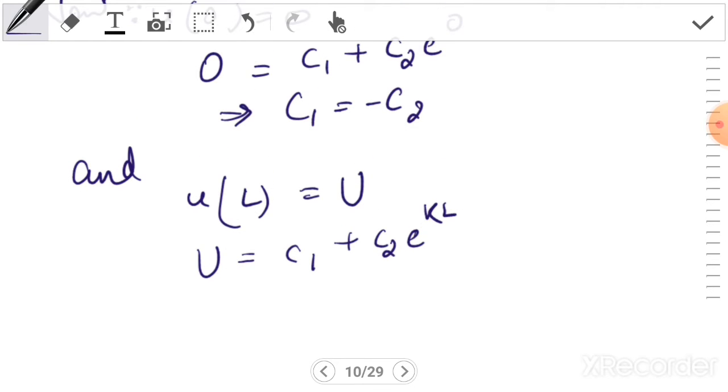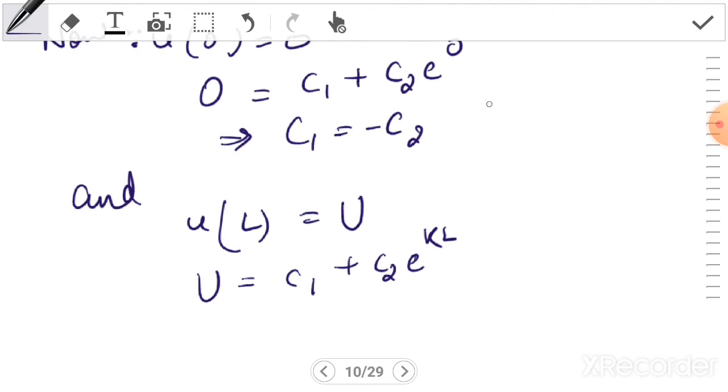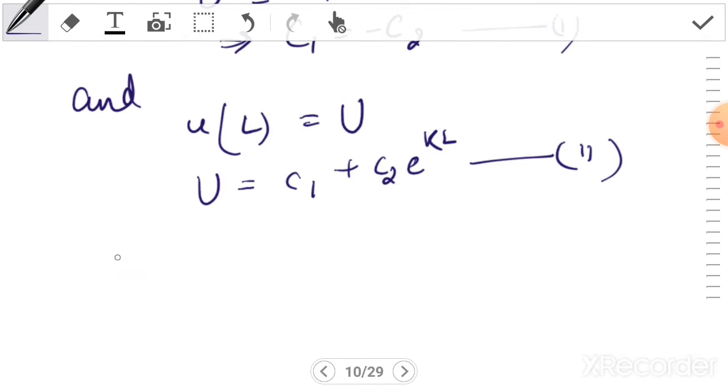Now using this and this, we have U is equal to minus c2 plus c2 e power kL.